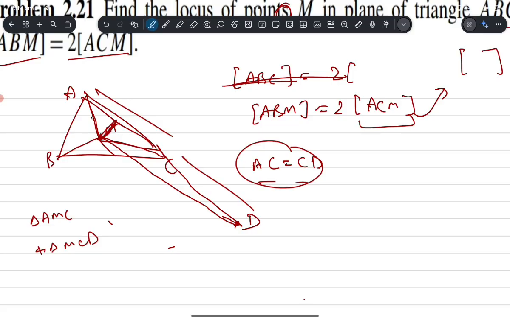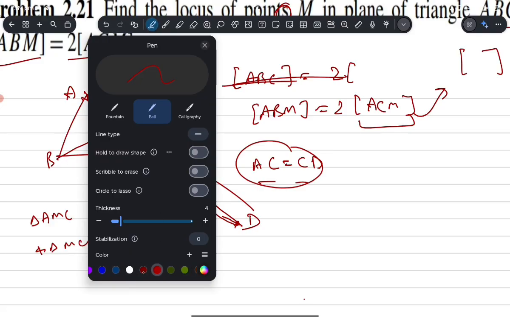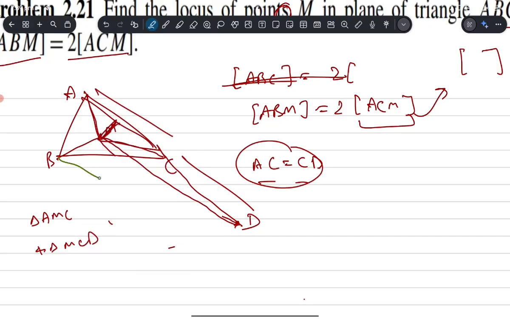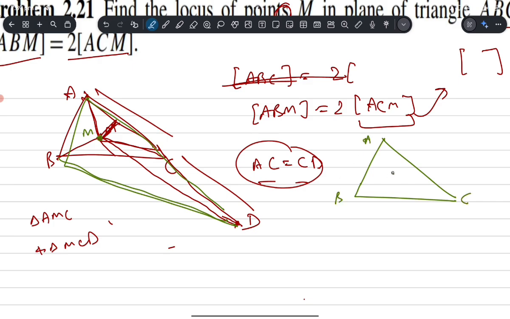So instead of this triangle, let me change the color, can I consider this triangle? And M stays there only. What I'm saying is, we had this sort of thing. M was here, right?